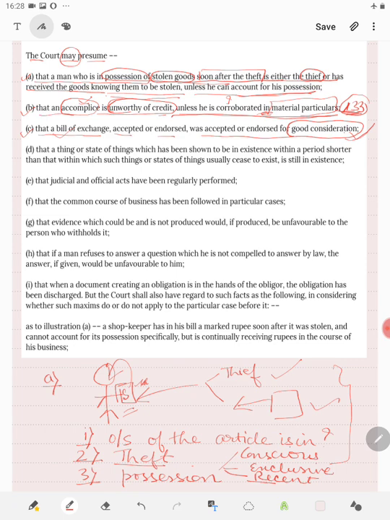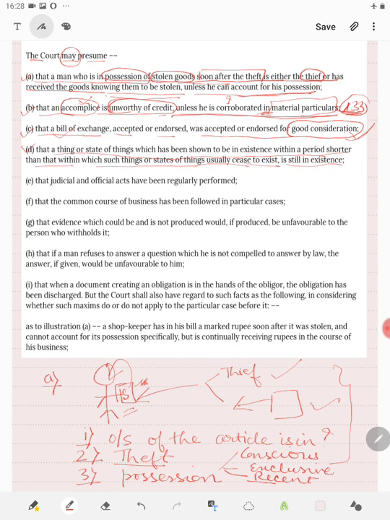Then D says that a thing or a state of things which has been shown to be in existence within a period shorter than that within which such things or states of things usually cease to exist is still in existence.